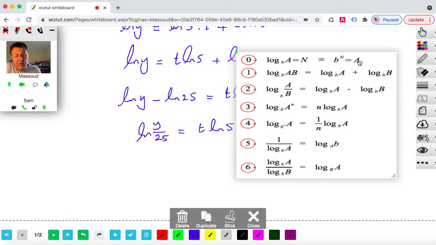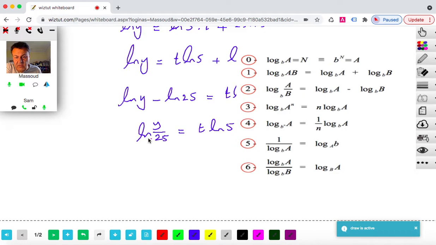So the base here is e. So base to that power is equal to this.